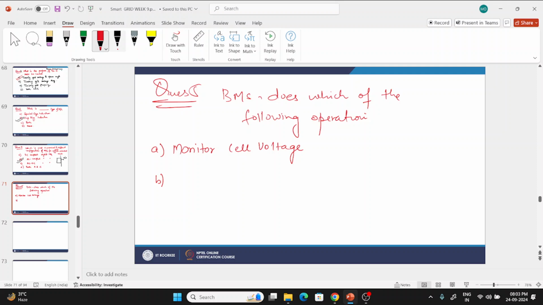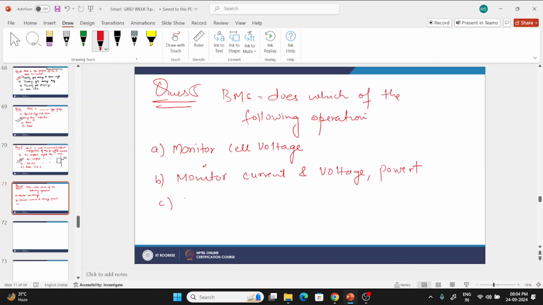B. Monitor current and voltages and power. C. And power हो गया.